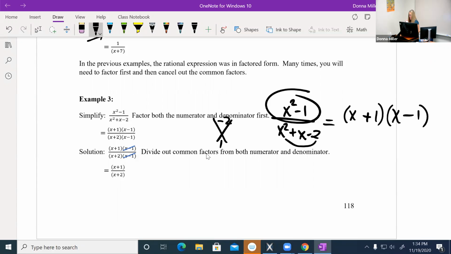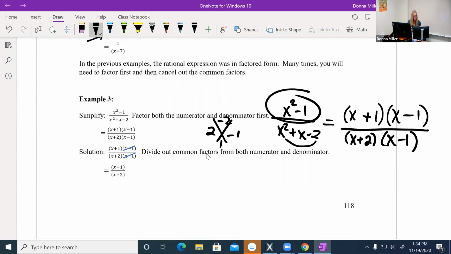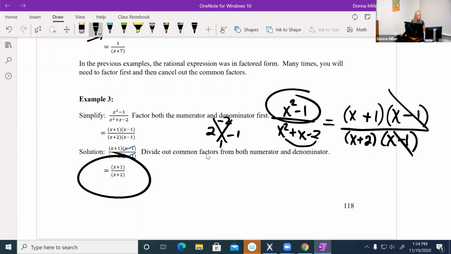Let's see, what is that? 2 and -1. So this will factor x plus 2, x minus 1, right? And now, once you have everything factored, you just cancel factors that are the same. So the x minus 1s are the same, so they cancel, all right? And you're left with this. Okay, so the whole idea of simplifying rational expressions is factor, then cancel.